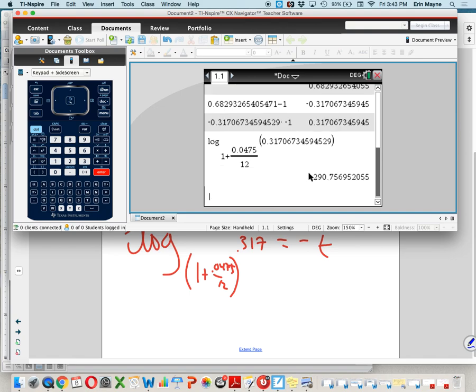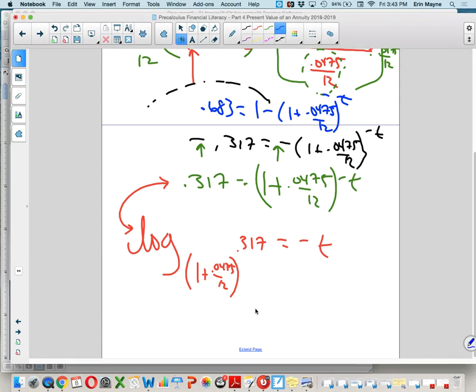Notice, I get a negative answer. That's a good sign because my negative answer has to give me negative t. So I'm going to write that as negative 290.76. This is negative 290.76.